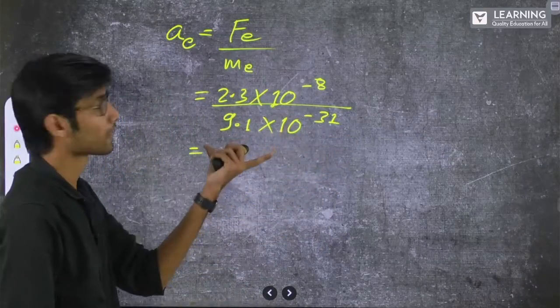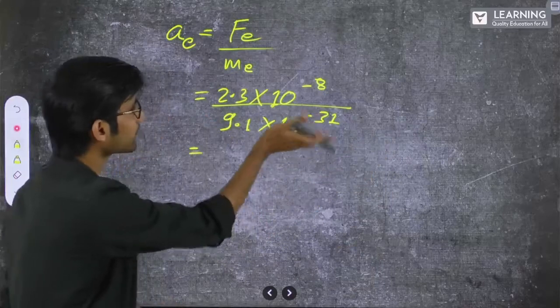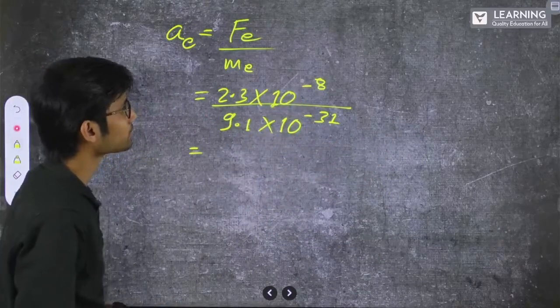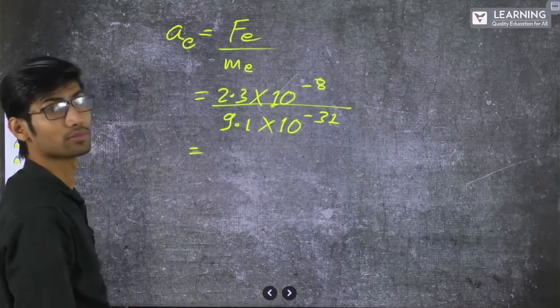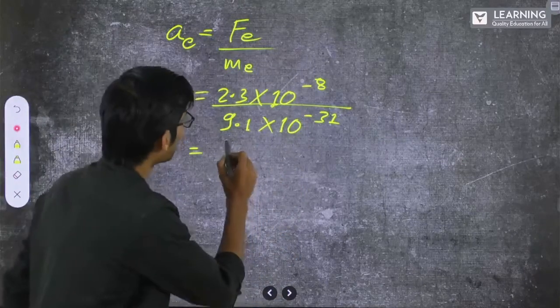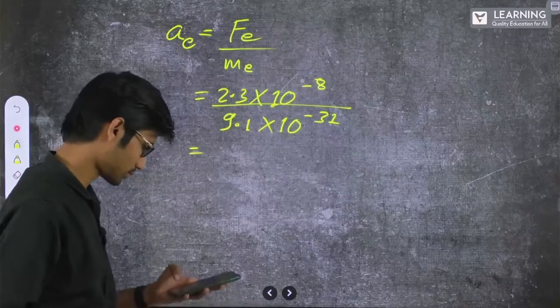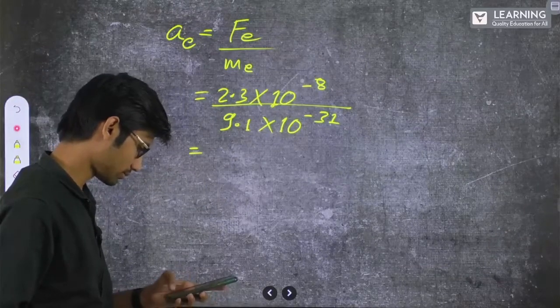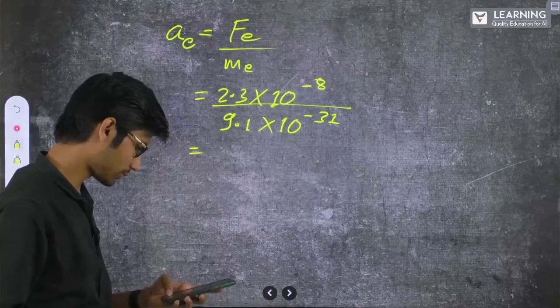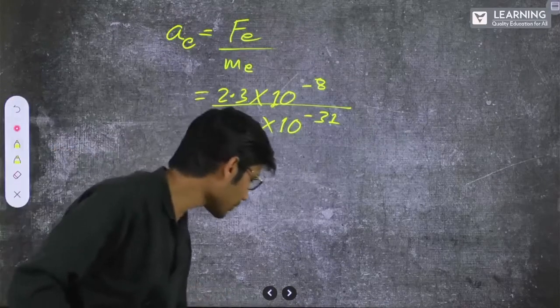Now this 31 will go up. 31 minus 8 is 23. 2.3 divided by 9.1, how much will it be? 0.25.